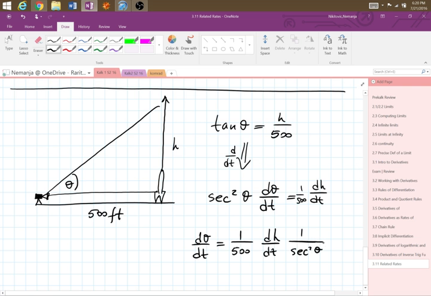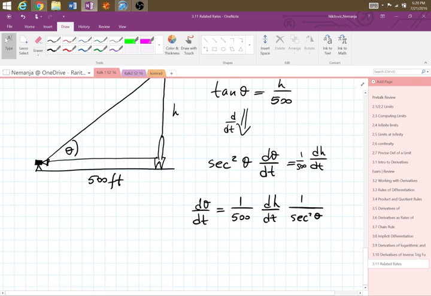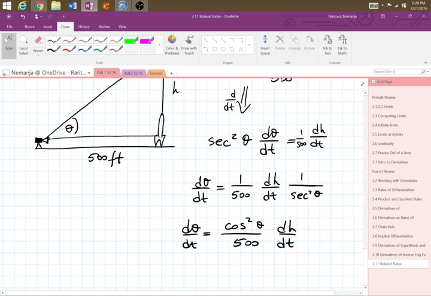We just get rid of that because we don't need it on the left-hand side. Now, 1 over secant squared is what? Cosine squared. Very good. So d theta dt is equal to cosine squared theta over 500 times dh dt. Ta-da!